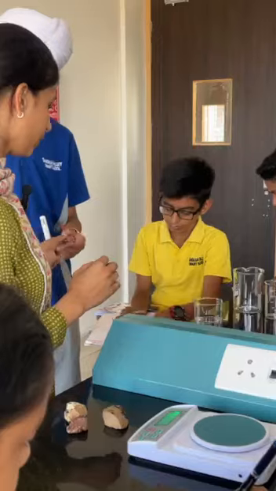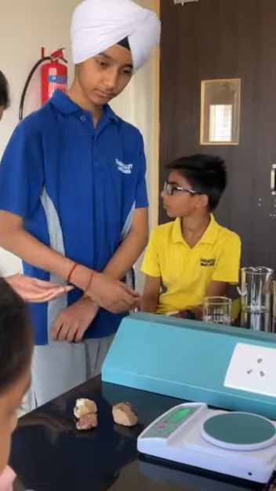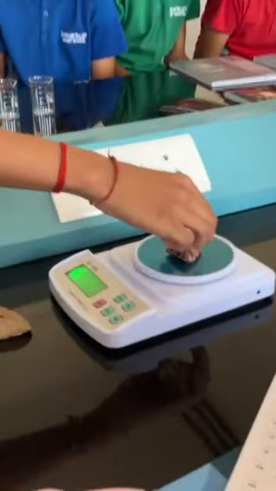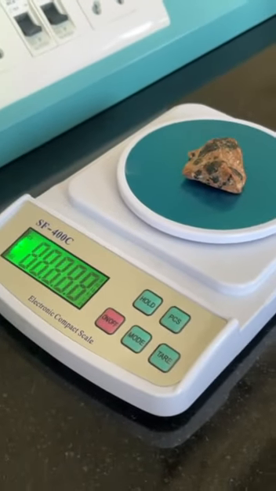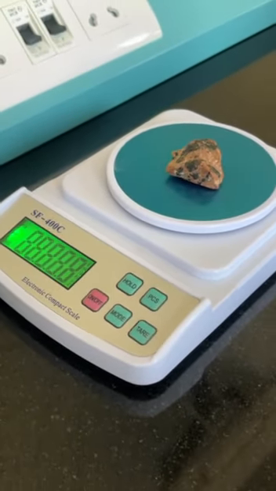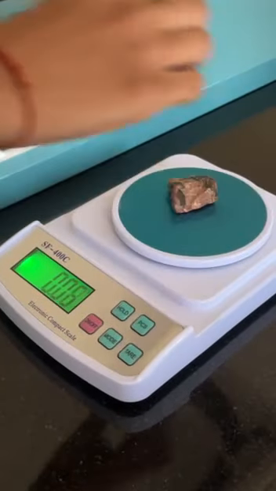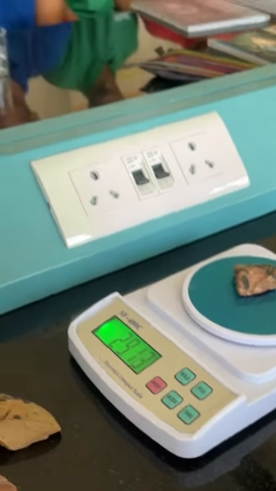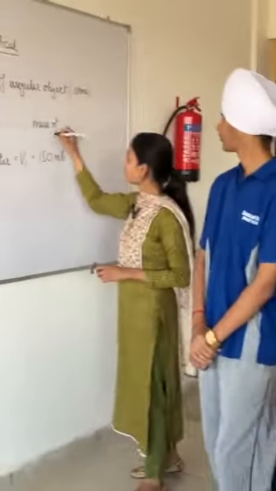First, if you want, you can measure the mass of this object. Akash is going to measure the mass of this irregular object. Akash, what is the mass of the object? 29.14 gram.